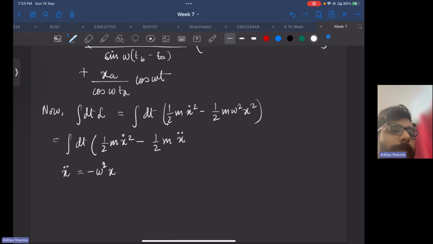X double dot is equal to minus omega square x. Now x I am going to substitute it here, and I'll have this by minus omega square. Minus minus becomes this, and the other part is just, I have used the equation of motion. So half m.